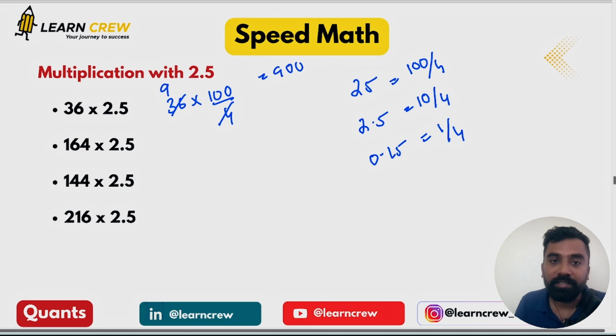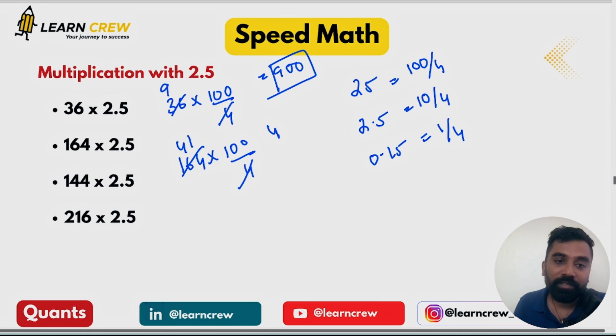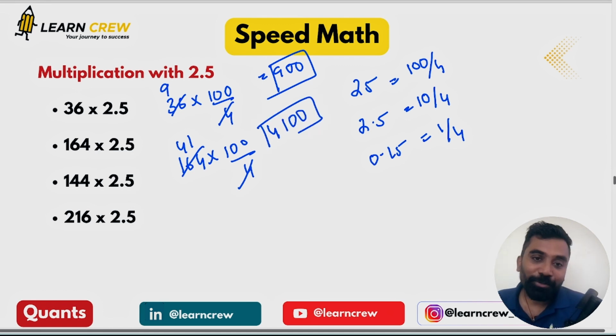The answer is 900. Nice, right? 164 into 100 by 4. 4 will go 41 times. 41 into 100 becomes 4100. That's all done. The remaining 2 problems you can give a try. Becomes very simple.